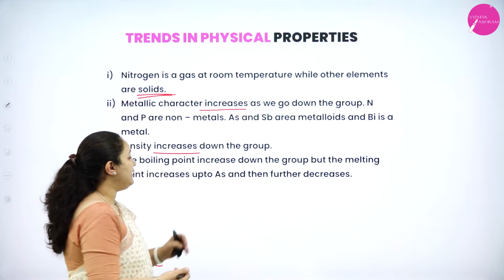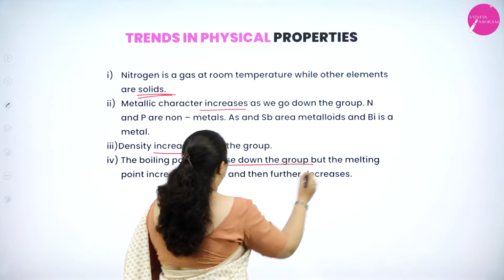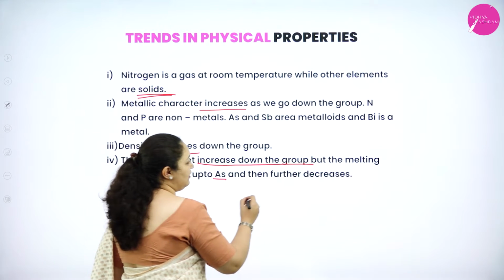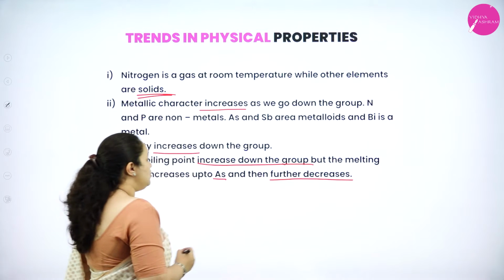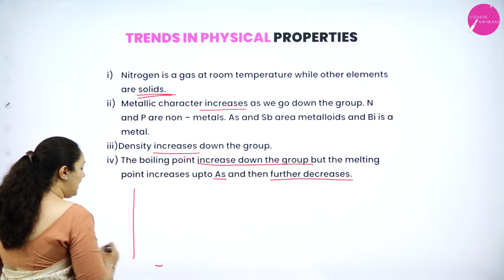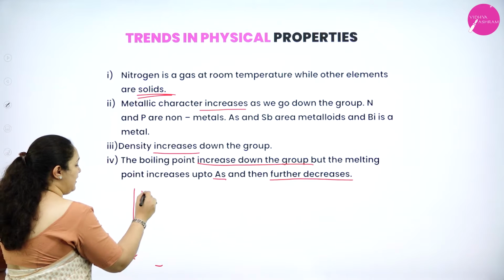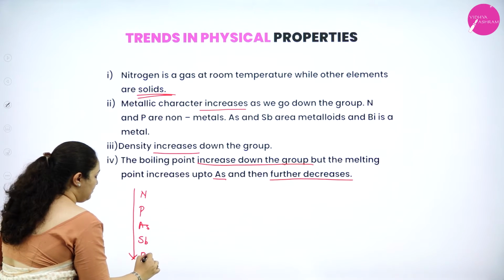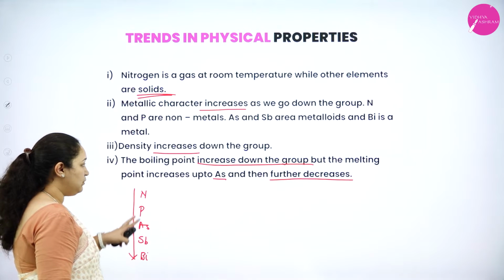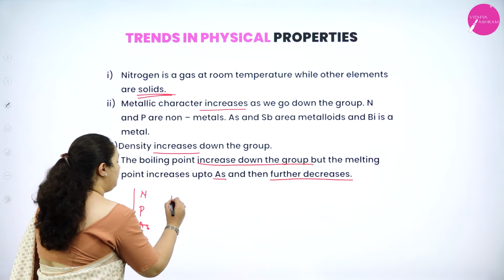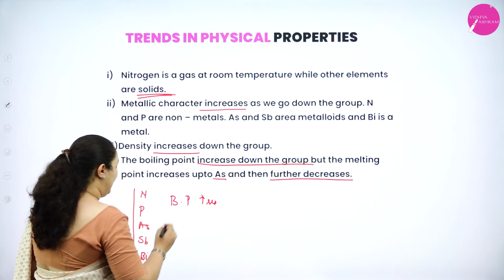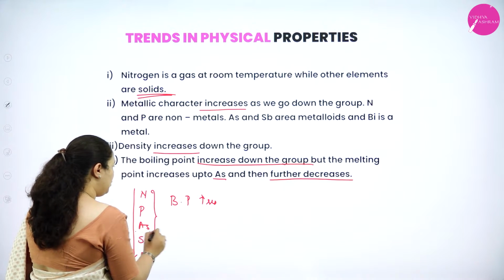The boiling point increases down the group, but the melting point increases up to arsenic and then further decreases. So, what is happening? As we come down the group, that is, we have nitrogen, phosphorus, antimony and bismuth. So, as we come down the group, boiling point increases, but melting point will increase up to arsenic.